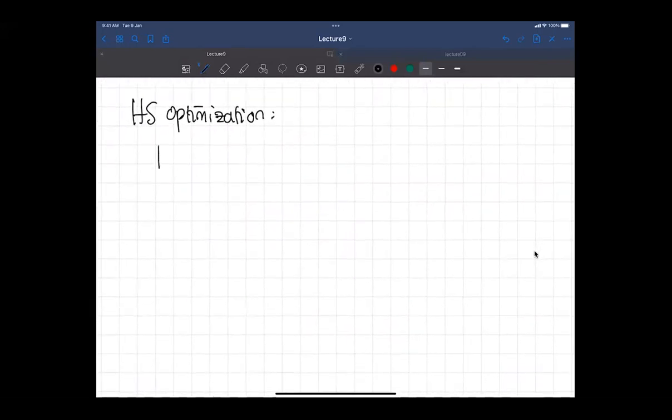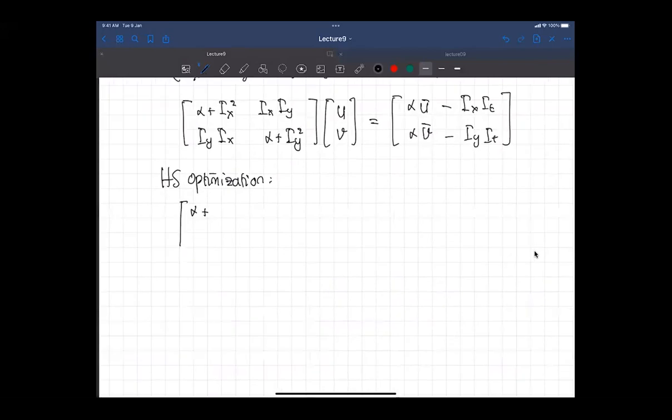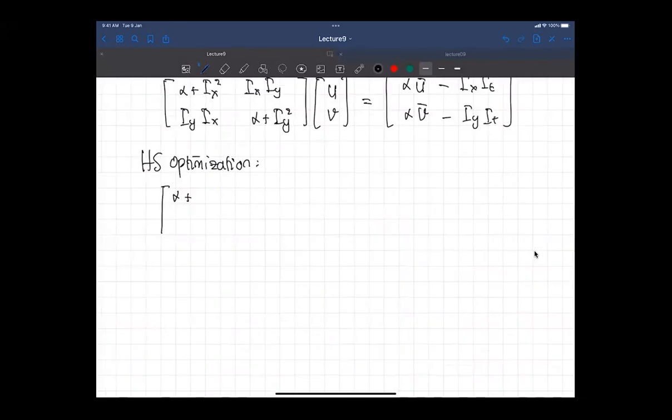So he tried to discretize this equation. Remember that Ix, we can have Ix at ij. So ij here is the pixel index. It's not patch index, but it's the full pixel index. Okay. So this is the discrete version of the previous equation.